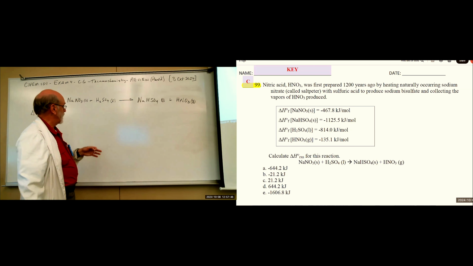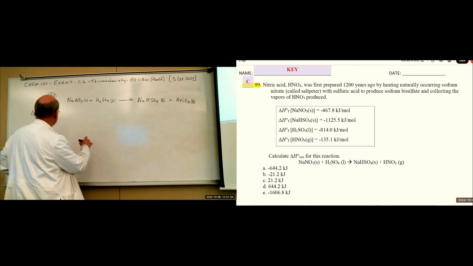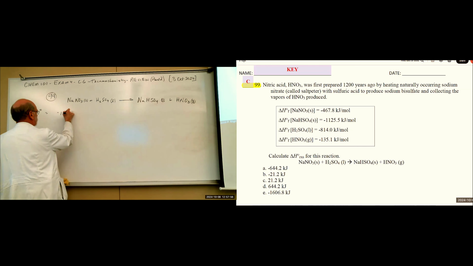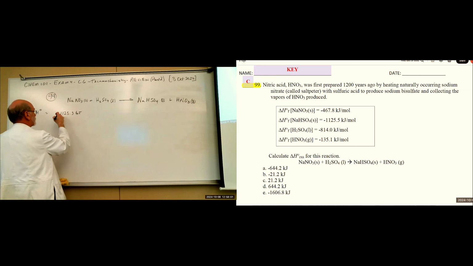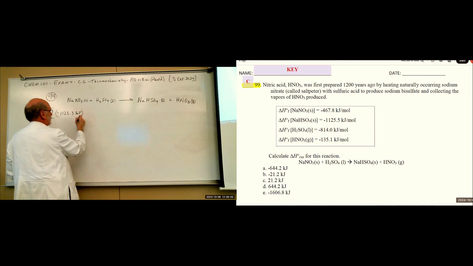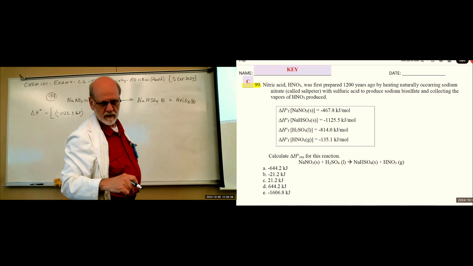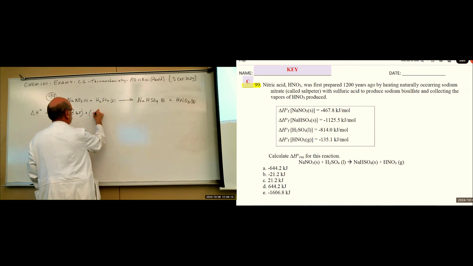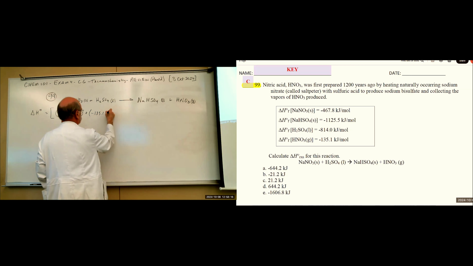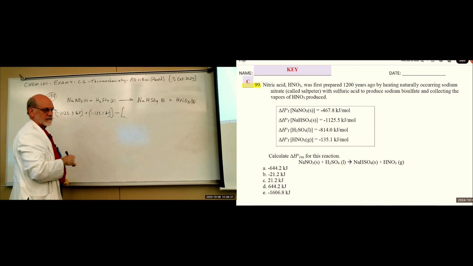All we have to do is take the products: sodium bisulfate, which is minus 1125.5 kilojoules per mole, there's only 1 mole, so that's that one. And then nitric acid, which is minus 135.1 kilojoules. And then subtract the reactants.